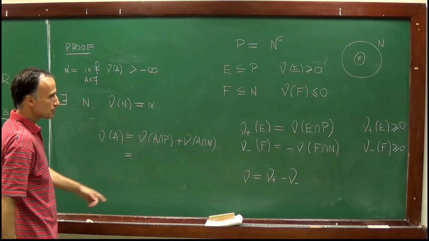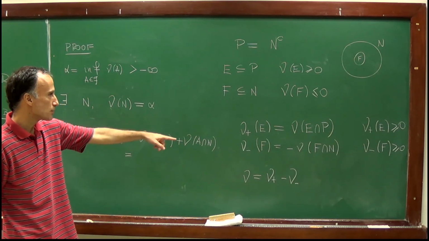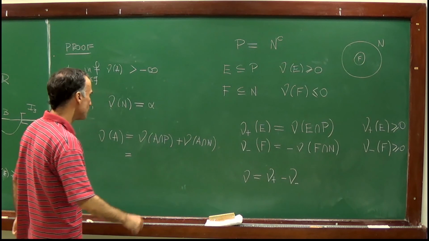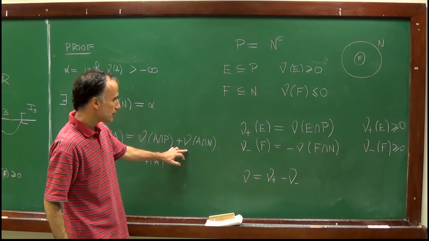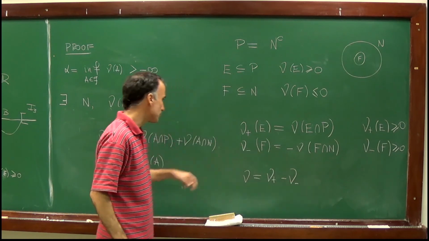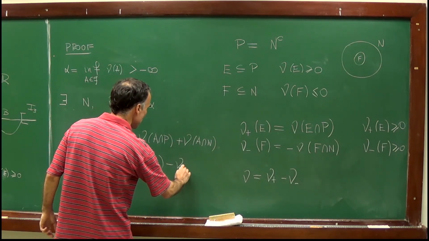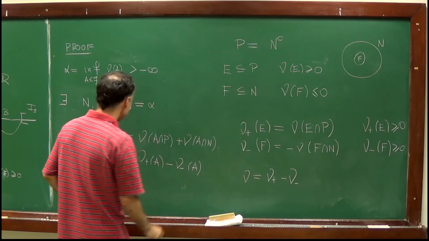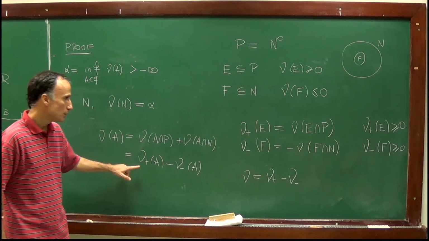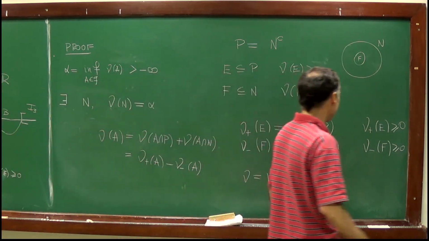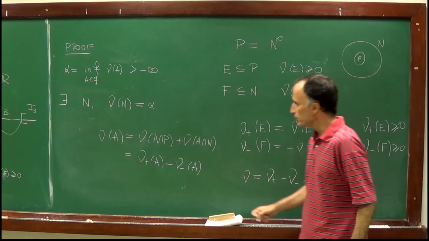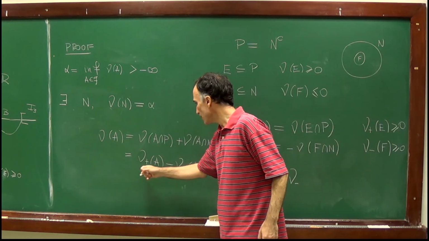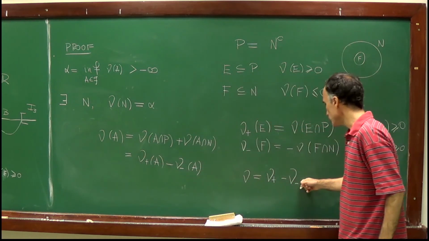Nu of A intersection P is just by definition nu plus of A. And nu of A intersection N is minus nu minus of A. So we obtained two non-negative measures, nu plus and nu minus, and we just wrote nu as nu plus minus nu minus.